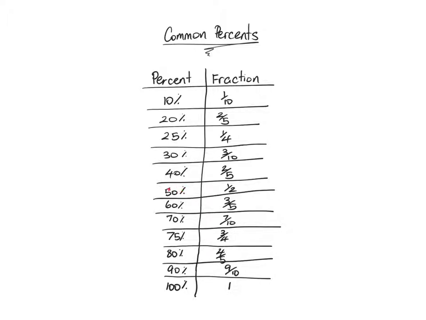We already spoke about 50% and saw how it was converted to a half by simplifying. 10%, 20%, 25%, and so on. If you try any of these out, these are the fractions you'll get. I suggest you memorize these. I would convert them just to make sure, then memorize them, so you don't have to do them over and over again.